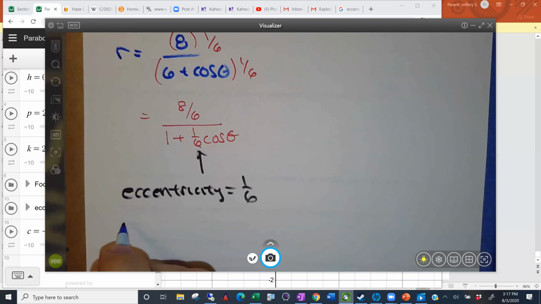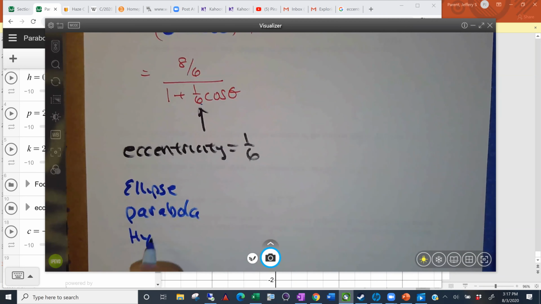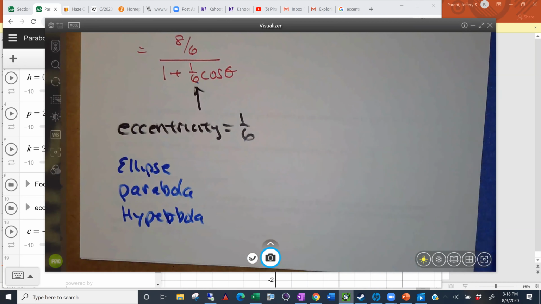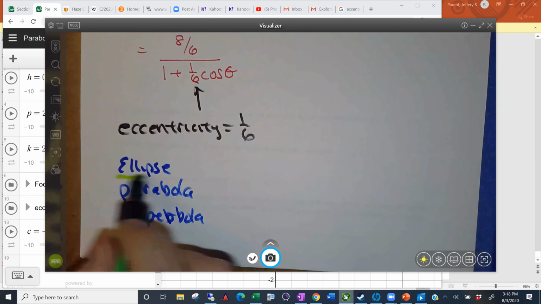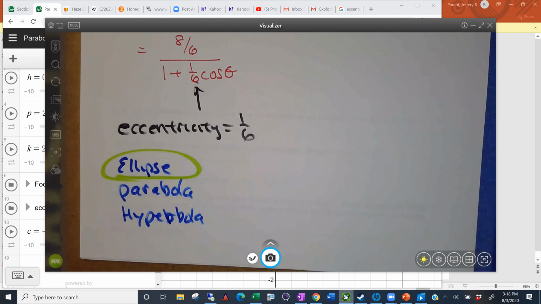You had an ellipse, a parabola, and a hyperbola. Ellipse. Good. Yeah, it's going to be an ellipse. That's going to happen when the eccentricity is less than 1.